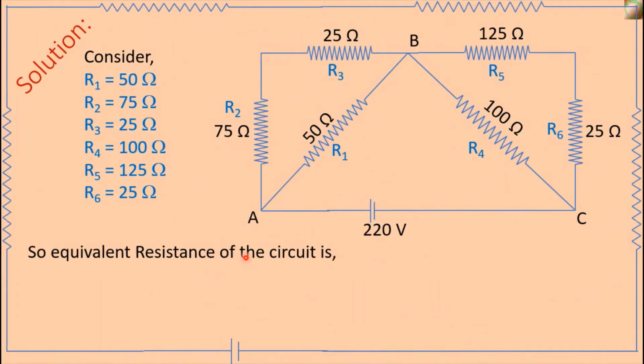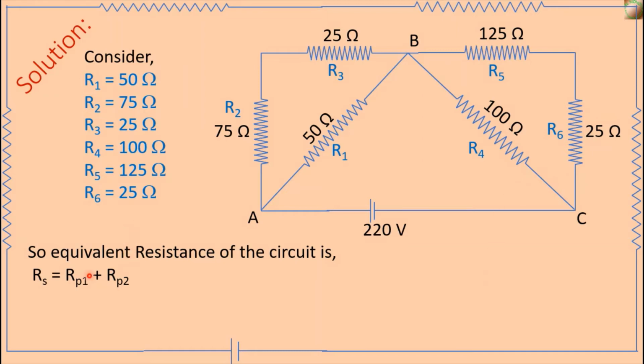The equivalent resistance of the circuit is Rs, where Rp1 is the equivalent resistance of these three resistances, and Rp2 is the equivalent resistance of these three resistances, and Rp1 and Rp2 are connected in series.